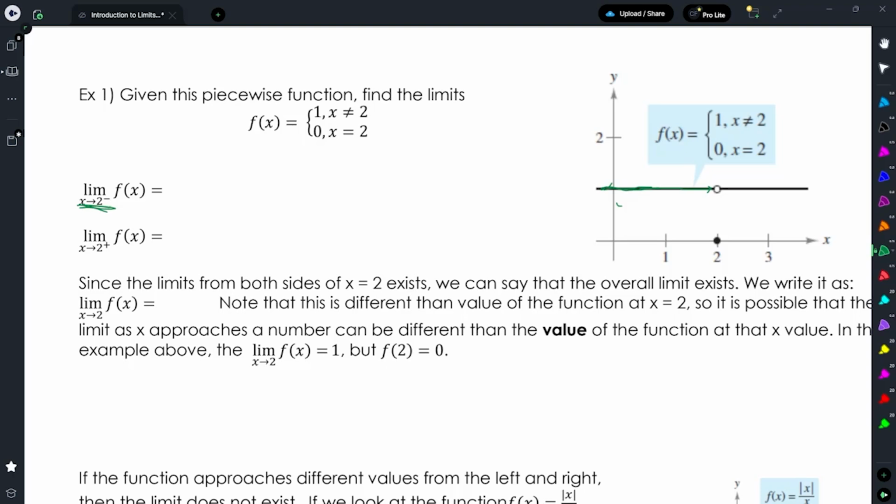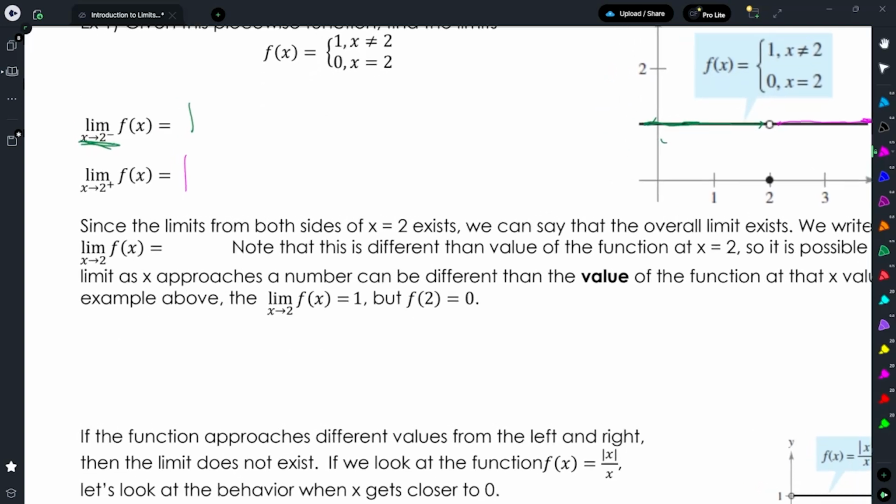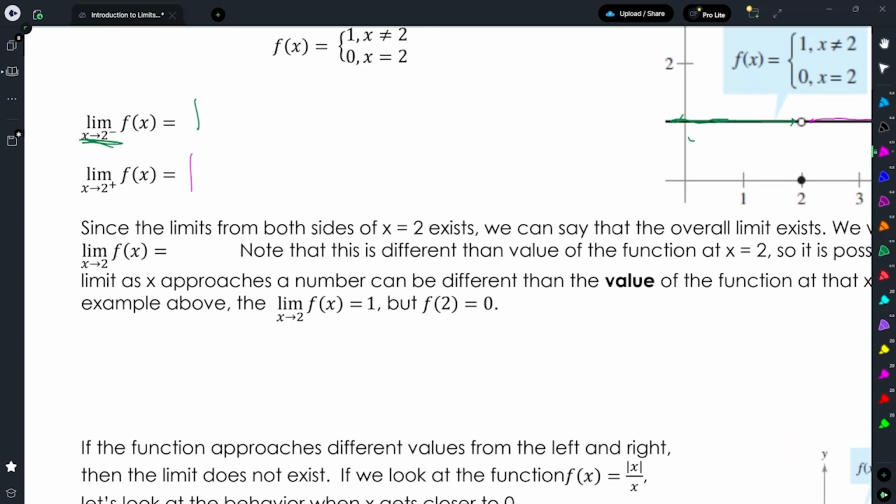So the limit as x approaches 2 from the left side is 1, and the limit as x approaches 2 from the right side, so if I start on the right side over here, and I get closer to x equals 2, my y value again is approaching 1. So because the left and right limit approach the same value, we say the overall limit exists.